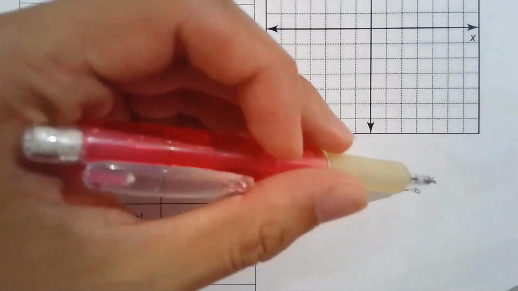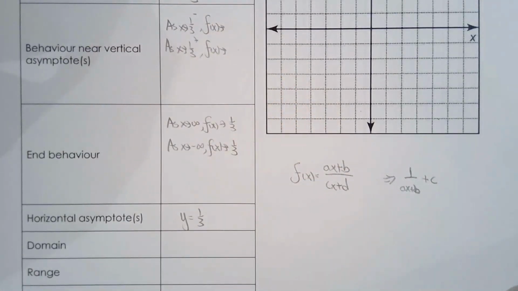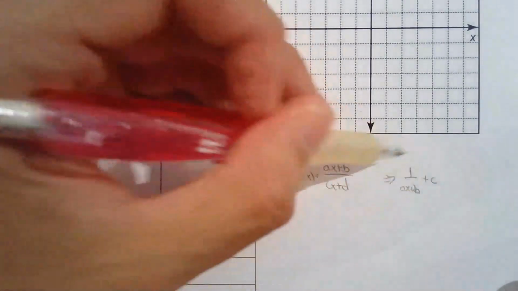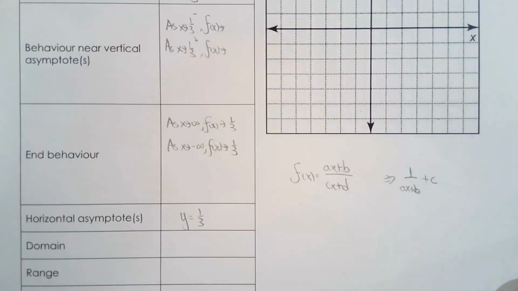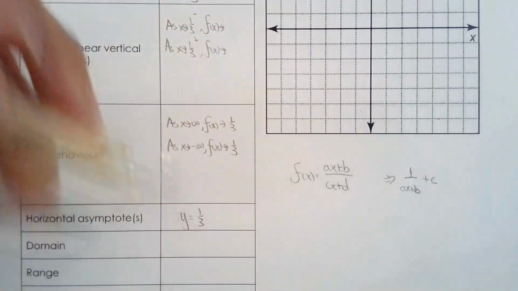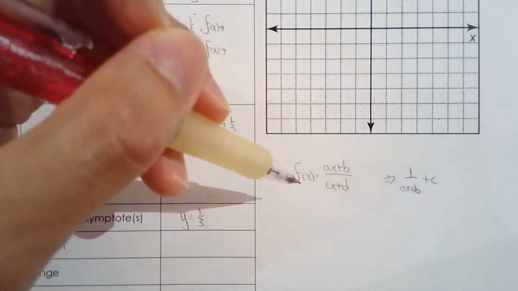If you apply a vertical translation to reciprocal linear, you'll get a linear over linear. Okay, so once you're able to prove that is the case, then you'll realize that linear over linear should never ever cross the horizontal asymptote. So that's one way of approaching that question.